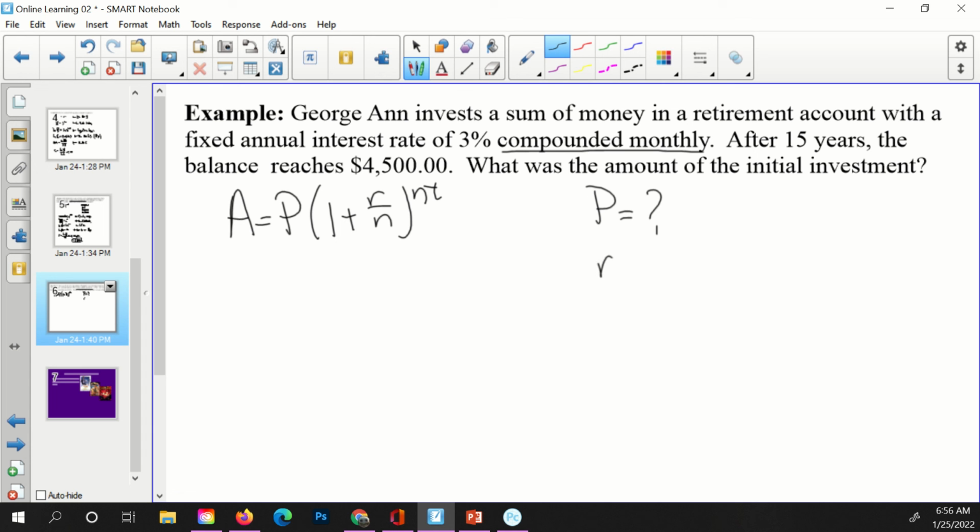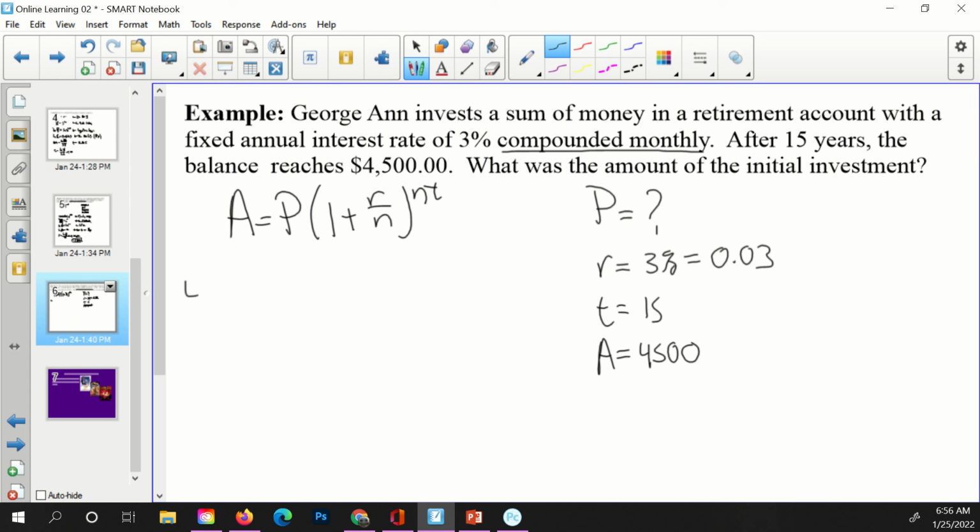So again, our r is 3%, which will change to 0.03. After 15 years, the time is 15. The balance reaches, so my final amount is equal to $4,500. So we want to know what was the amount of the initial investment.